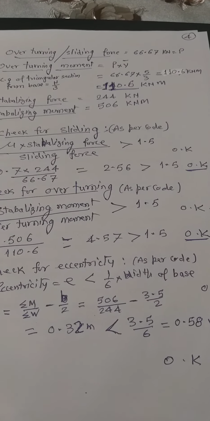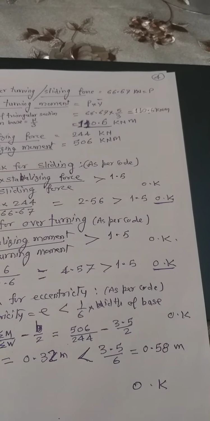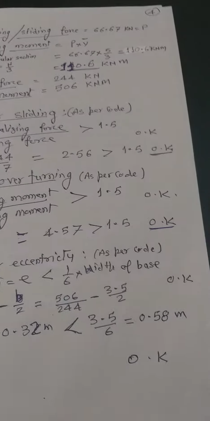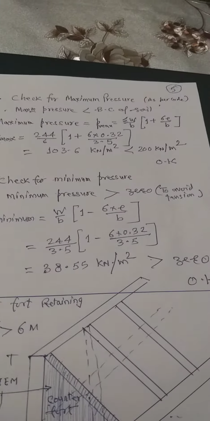B is nothing but the width of the base, 3.5, so B by 6 is 0.58. So 0.32 is less than 0.58. So we can say our third check is also okay.